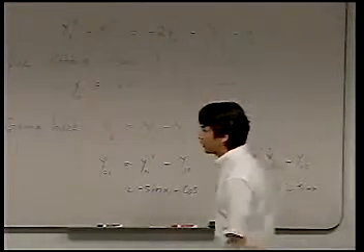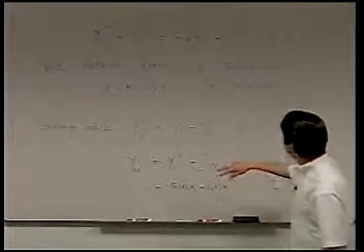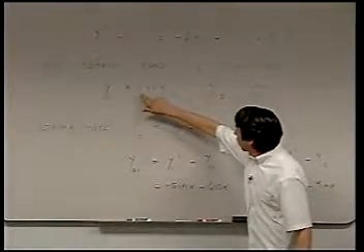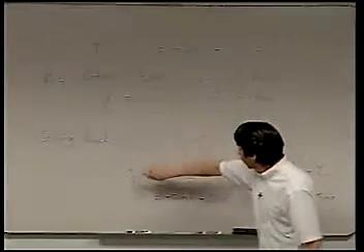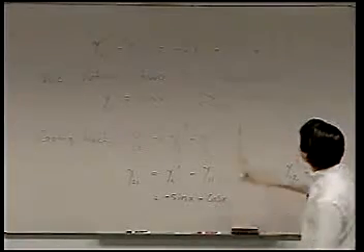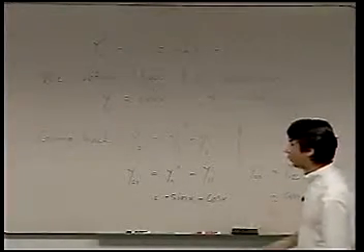Now, what we have obtained so far is a pair of solutions. One of them is y11, y21, it's a column, and y12, y22.